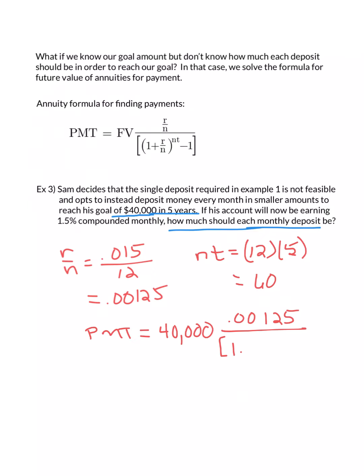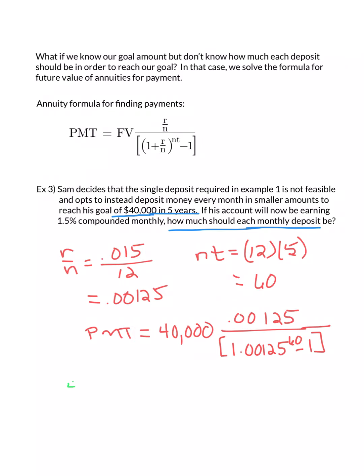So you will have 1.00125 to the 60 minus 1 in the denominator of this fraction in the brackets. The parentheses are in the formula to remind you to do the addition. We did the addition right off the bat, so we don't need the parentheses in this formula once we've done the addition.